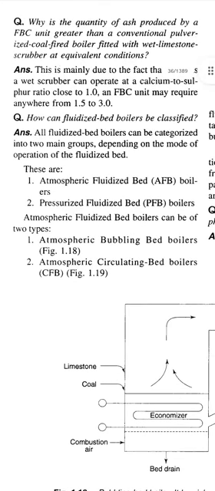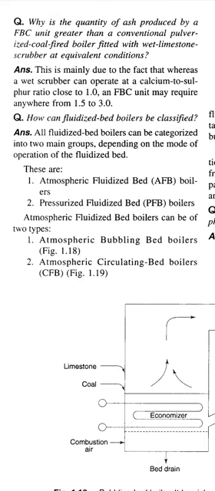Next question. How can fluidized bed boilers be classified? All fluidized bed boilers can be categorized into two main groups depending on the mode of operation of the fluidized bed. These are atmospheric fluidized bed AFB boilers and pressurized fluidized bed PFB boilers.